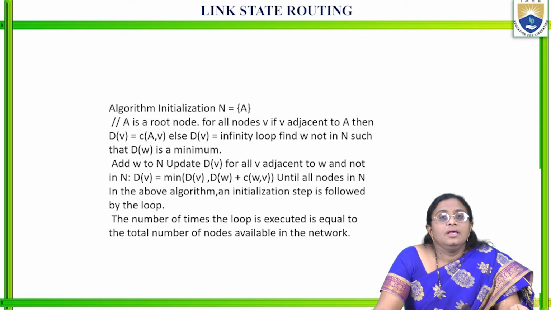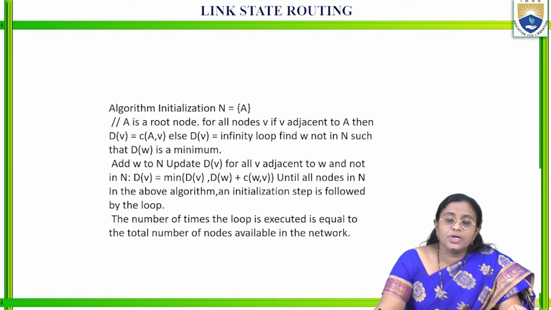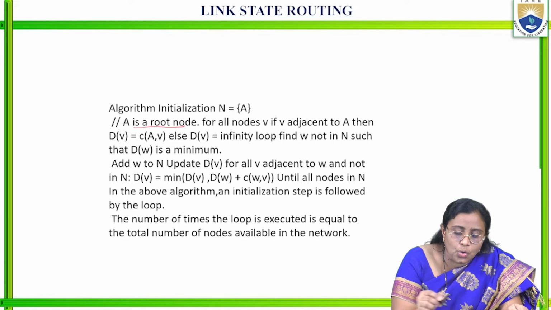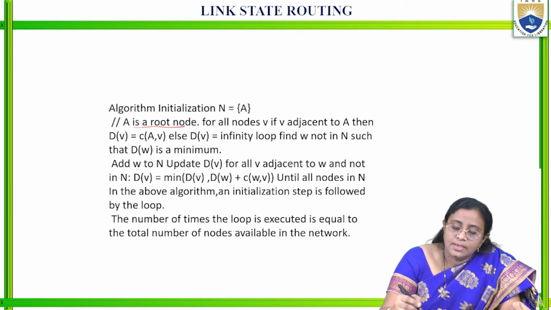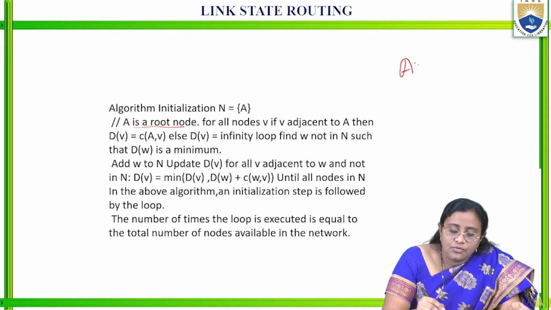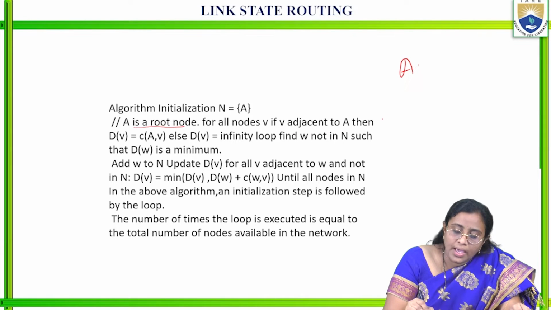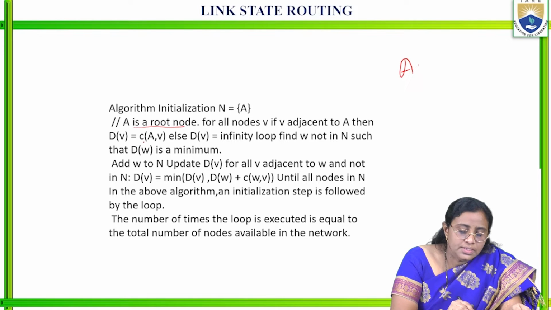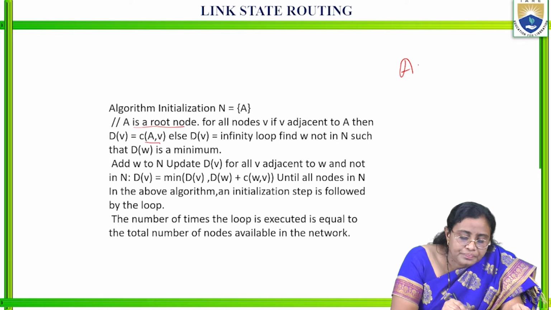Coming to the algorithm initialization, N is equal to the node A. A is a root node. For all nodes V, if V is adjacent to A, then D of V is equal to C of A V, else D of V is infinity.